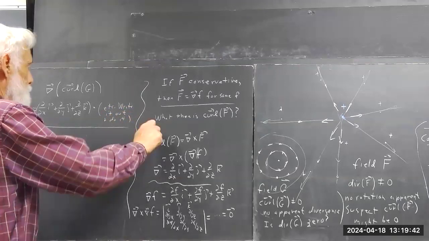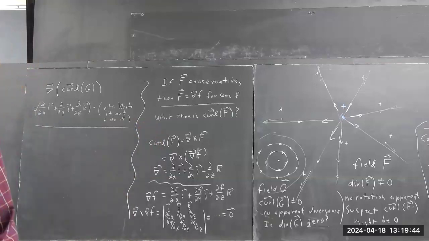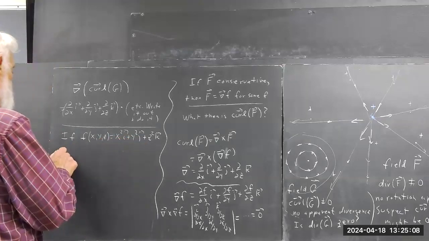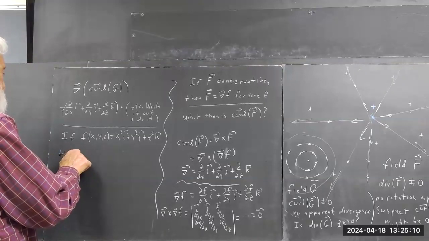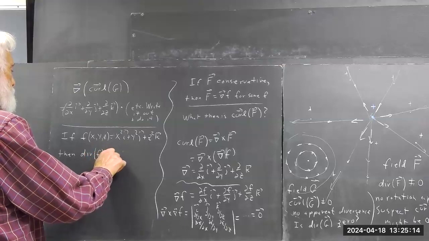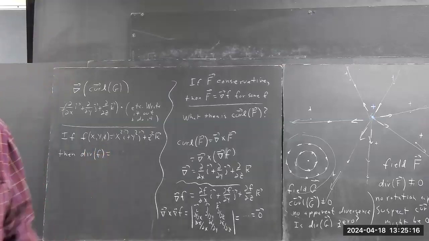Write it out and do it. If F of x, y, z equals this, calculate quickly. Start by writing out the del operator and a dot.